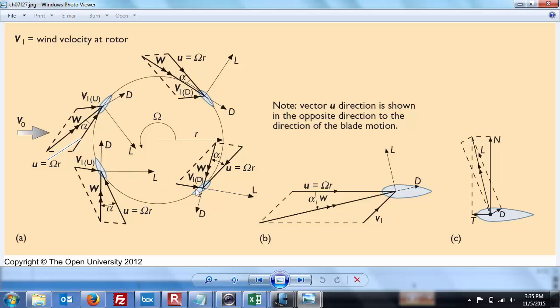Still down and to the right because of where the blade is, sort of moving away from it. Now that the blade is moving into it, it's sort of up and to the right. So to get the overall relative wind speed, and this thing's all over the map now, right? Because the U's are changing directions, the V's are changing directions, but this W, this relative wind speed, is what's important. Why is it important?